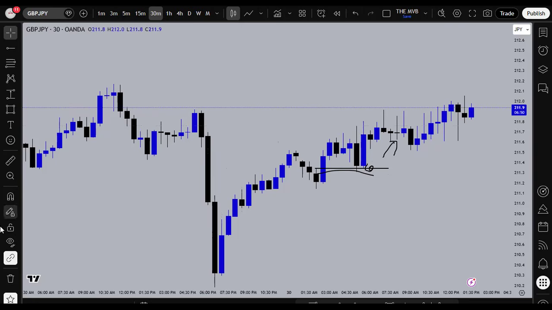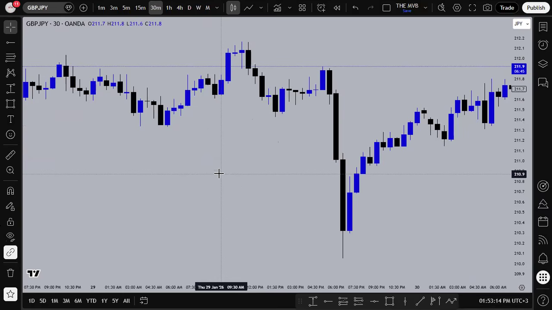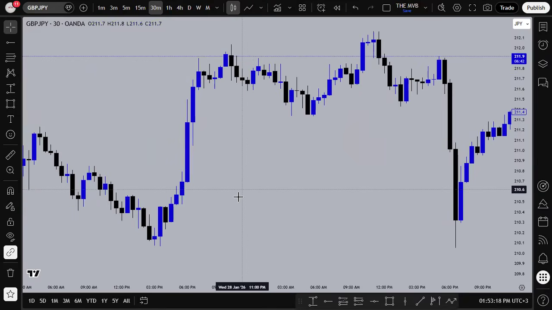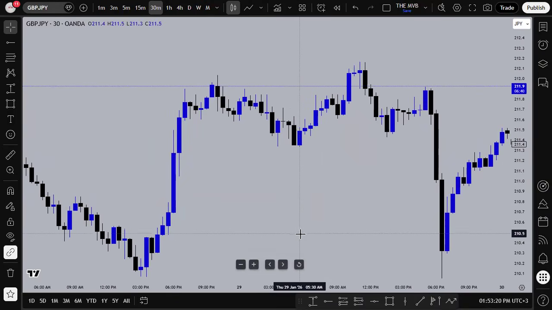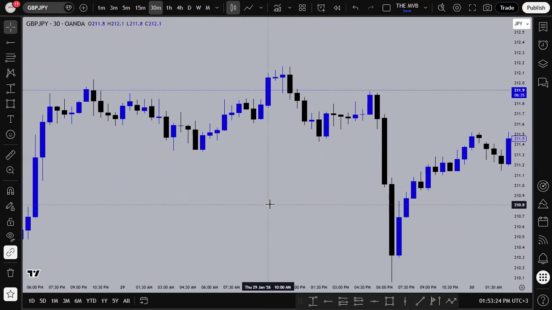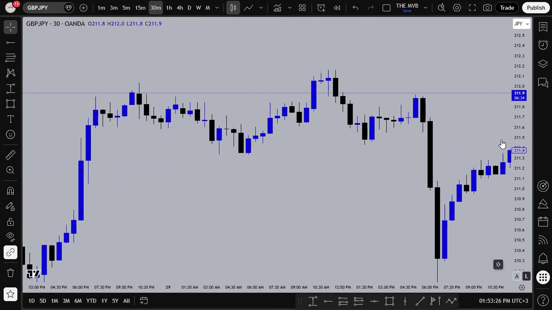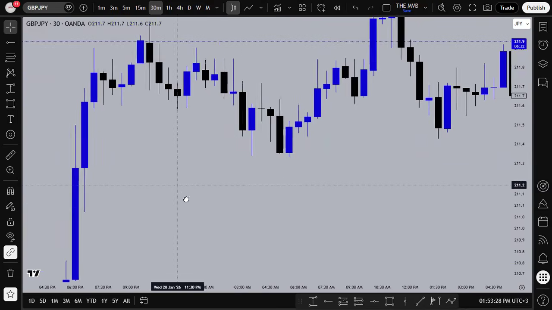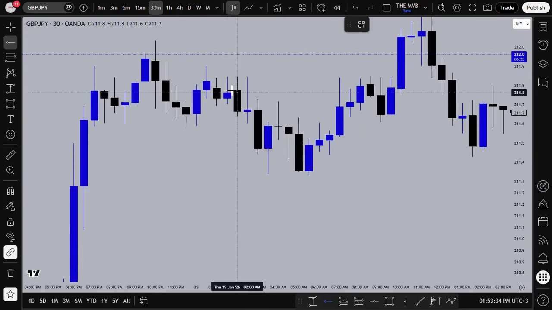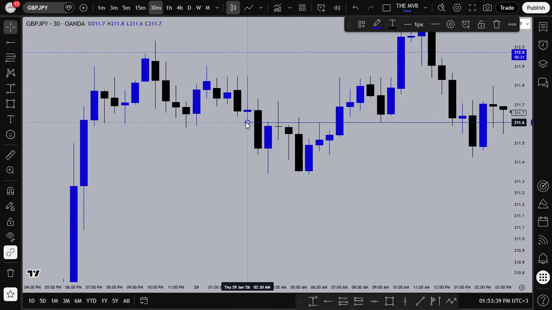Another one, let me show you here. You can definitely see here, we had these two candles, sell candle, bullish candle, we break that. That is our entry area.